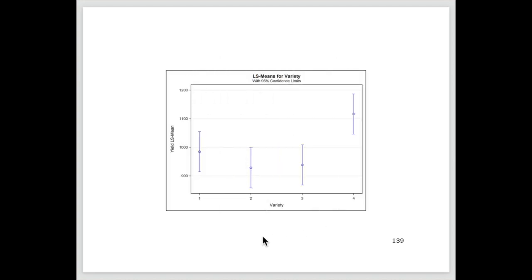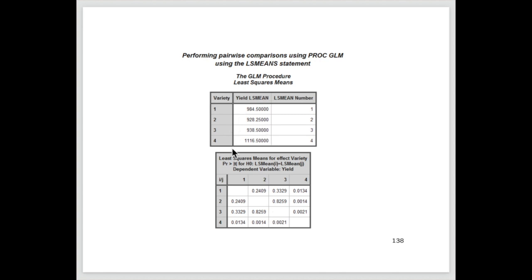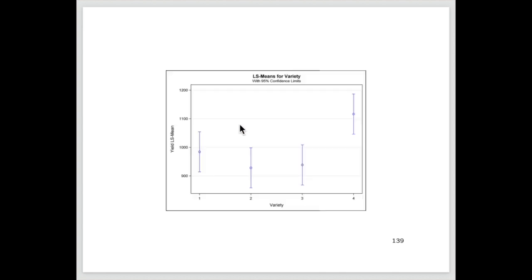Okay, so here is a plot of, let me go back one slide. These values here, these estimated population means, are represented by the circular points on this graph. And then the intervals here are 95% confidence limits for the corresponding variety means.